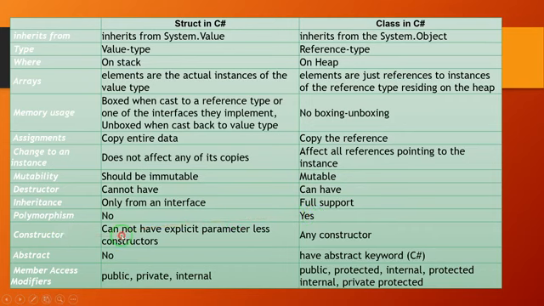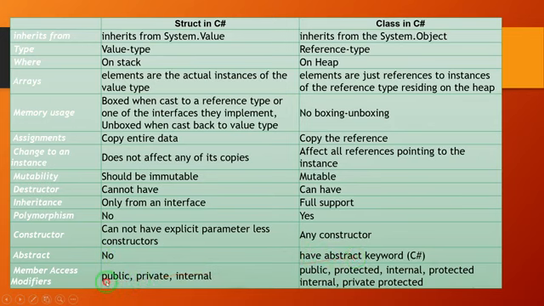Constructor: a struct cannot have an explicit parameterless constructor. A class can have any constructor, and a struct only has parameterized constructors available. Abstract: there is no abstract concept available in a struct, whereas a class can use the abstract keyword in C#.